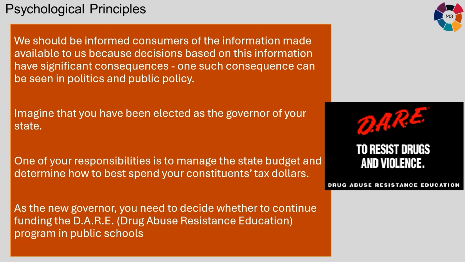Imagine that you've been elected as the governor of your state. One of your responsibilities is to manage the state budget and determine how to best spend your constituents' tax dollars. As the new governor, you need to decide whether to continue funding the D.A.R.E program in public schools. D.A.R.E stands for Drug Abuse Resistance Education.